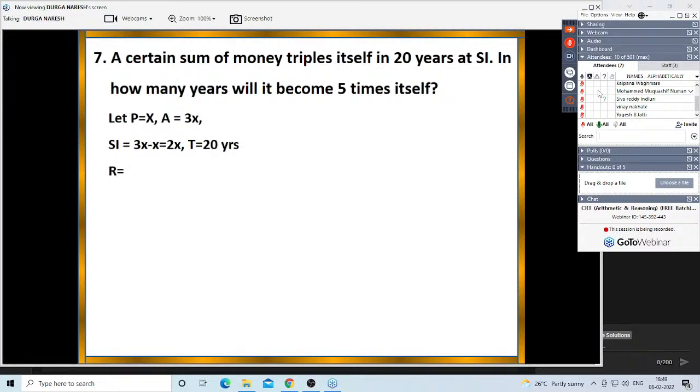In how many years? 20 years. From that, is it possible to find the R value? R equals 100 into SI, 2x by P, x into t, 20 years.